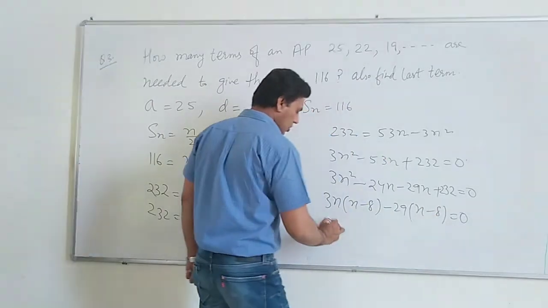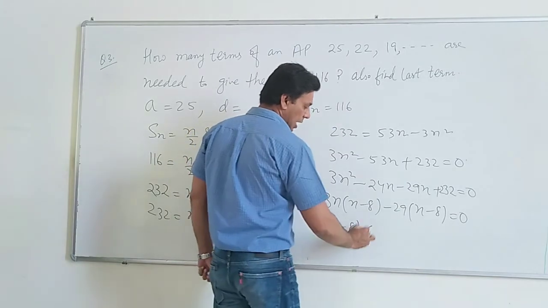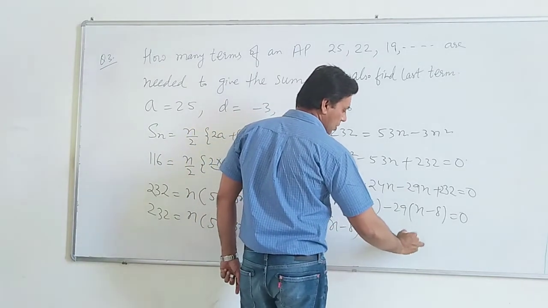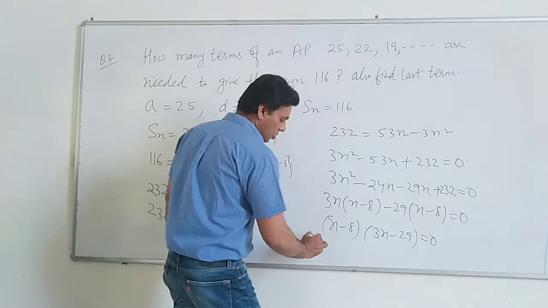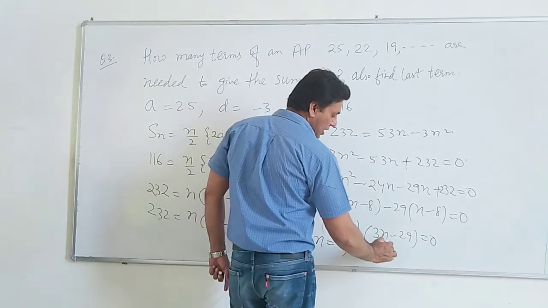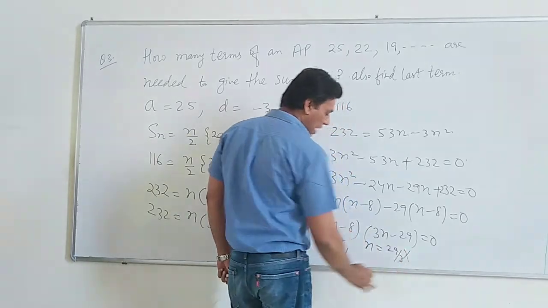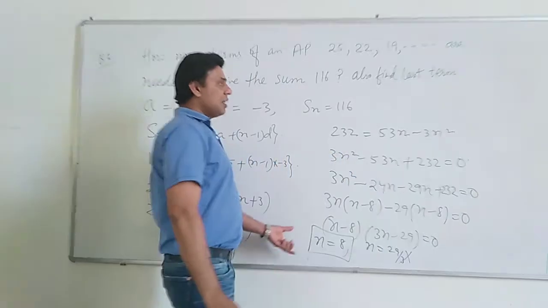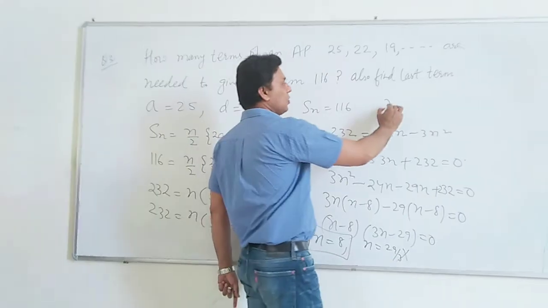So (n minus 8) and (3n minus 29) equal to 0. So we have either n is equal to 8, or n is 29 upon 3, which is not valid. So finally we have the number of terms n is equal to 8.